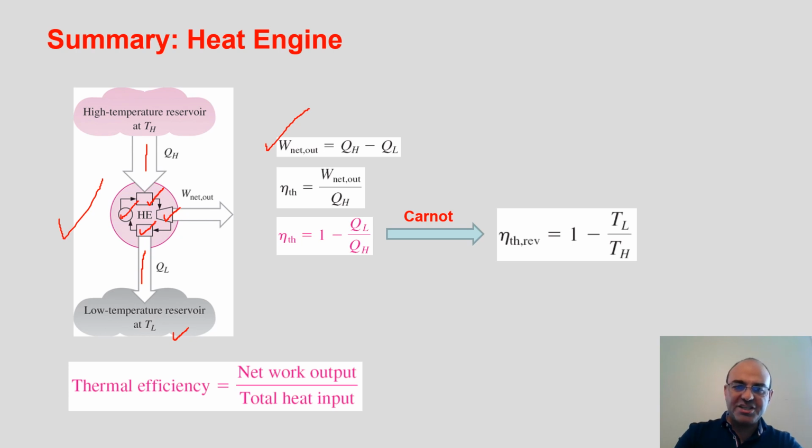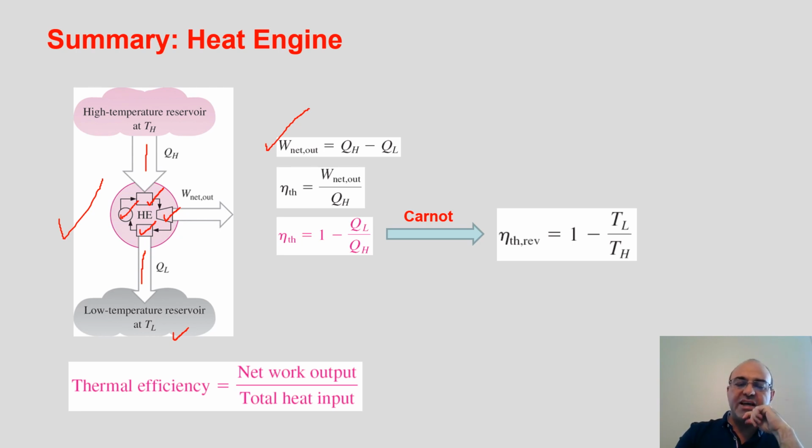So for the heat engine, the efficiency is W net out, the desired output. What do we expect to get from a heat engine? It's the W net out, which is the work of the turbine minus the work of the pump, divided by the total heat input, which is QH. So it's simplified to eta thermal equal to 1 minus QL over QH.